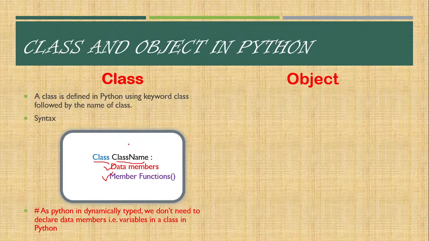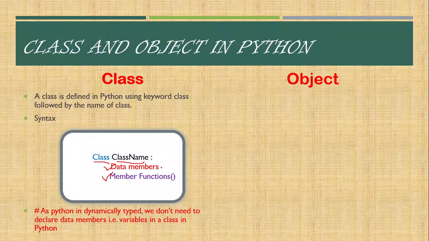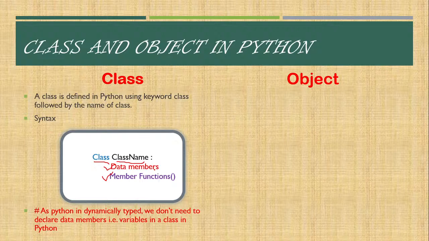But over here in Python, if we know that a student will be having some age, we still do not need to declare the variable, because it is a dynamically typed language and we do not need to define its type prior to its use.